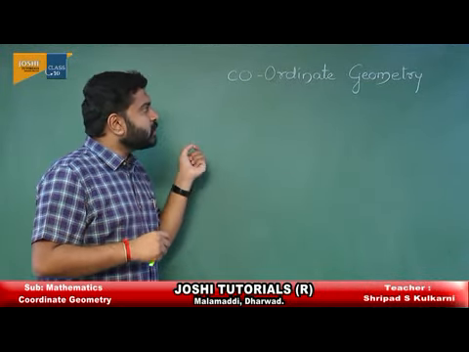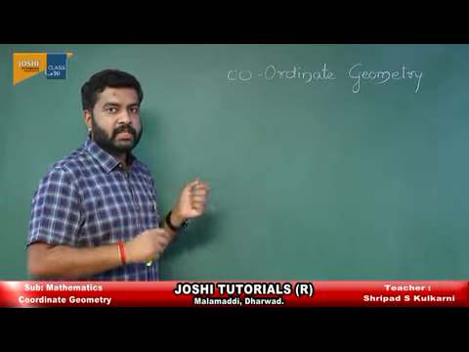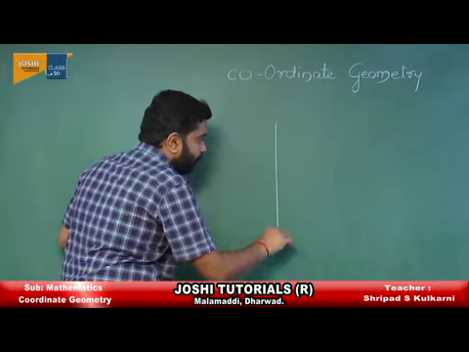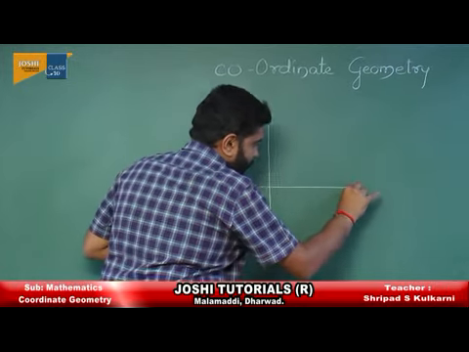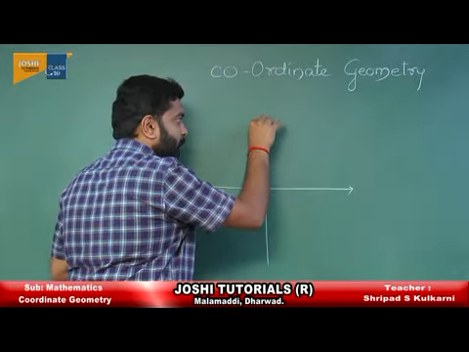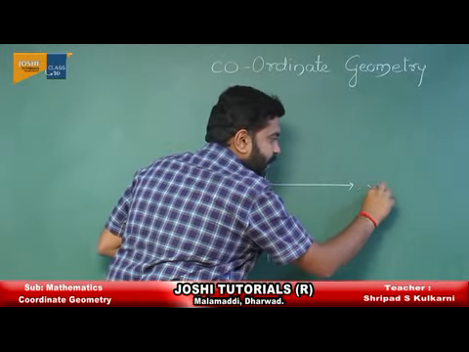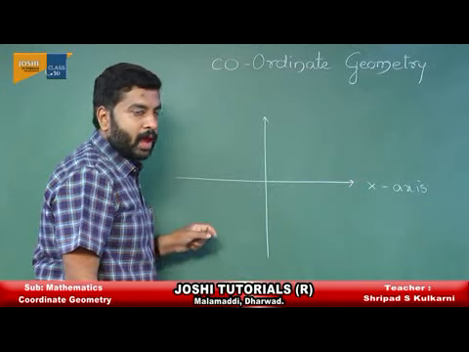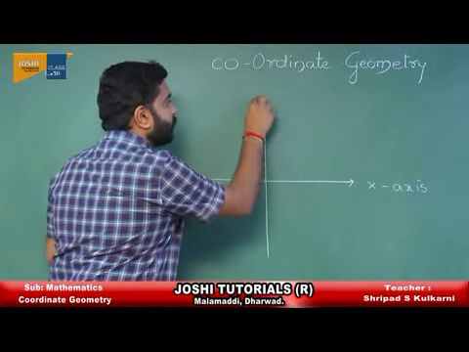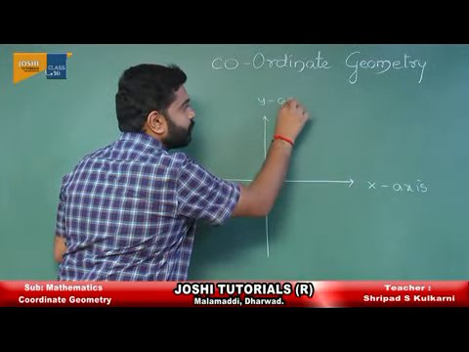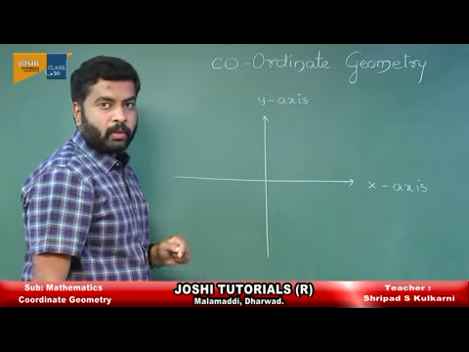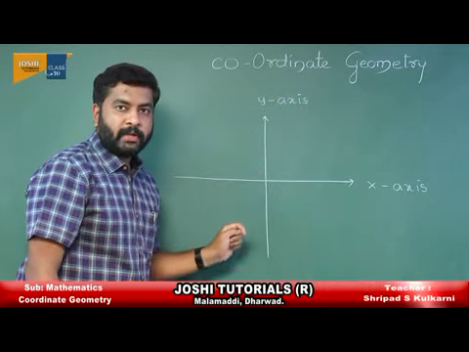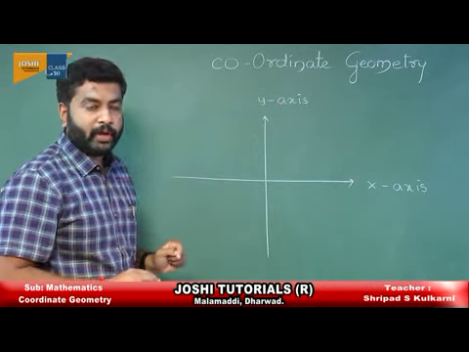Now, main points in the last year, 9th standard, we learned this coordinate plane. This plane is called coordinate plane. This axis is called x-axis, and this perpendicular is called y-axis. You learned the definition. Two mutually perpendicular lines come and meet at a point.